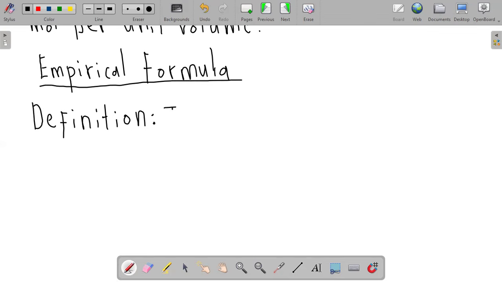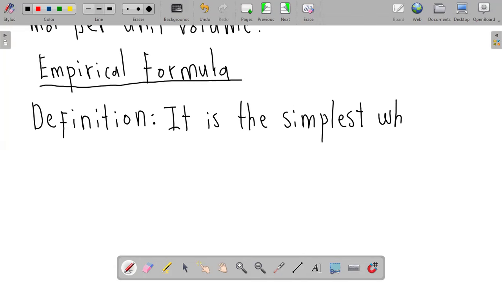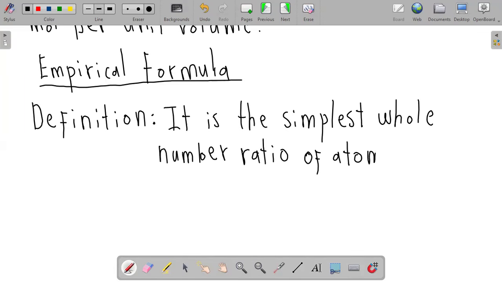Empirical formula is the simplest whole number ratio of atoms in a molecule.